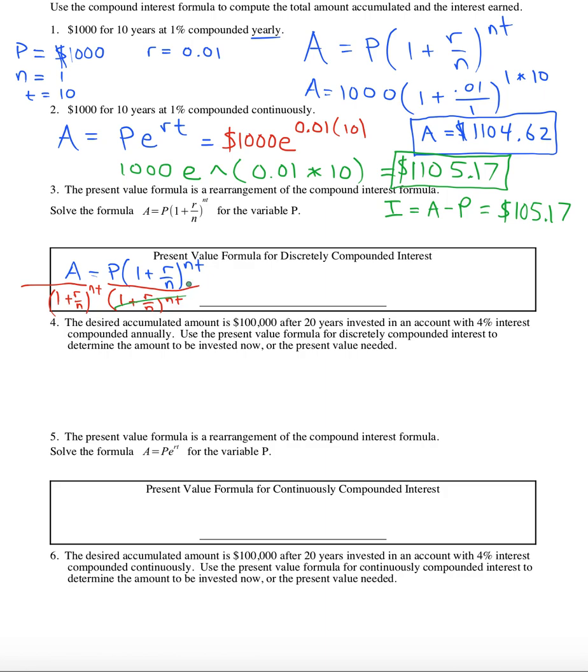That would cause it to go away on the right side, and P would be alone.